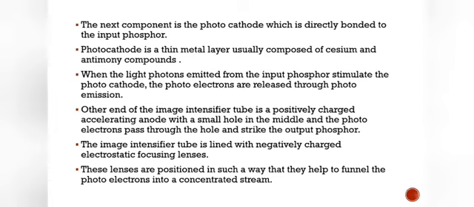The image intensifier tube is lined with negatively charged electrostatic focusing lenses. These lenses are positioned in such a way that they help to funnel the photoelectrons into a concentrated stream, which means these lenses help the electrons to go in the correct pathway.